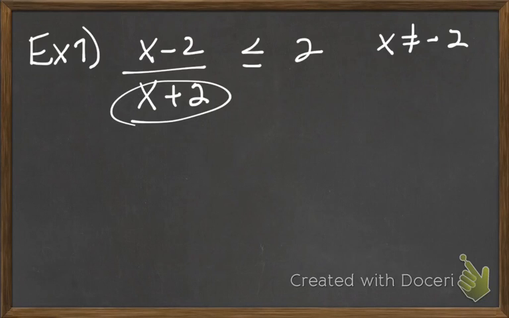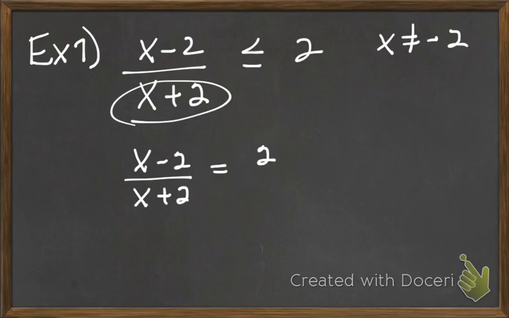Once you do your excluded value, just take the problem like it is a proportion, because it's equal to 2 here, because the 2 is on the right-hand side. I'm showing you a shortcut here. You can't just take the top and set it equal to 0 because there's not a 0 on the right-hand side.